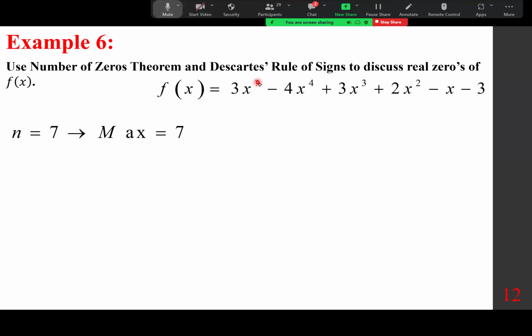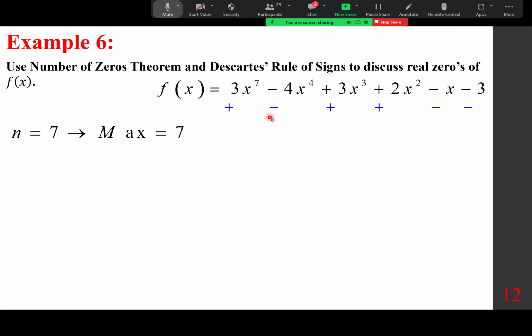Now, let's see what we can notice here. What I want you to notice is that this has a positive sign. This has a negative sign, positive sign, positive sign, negative sign, negative sign. And as you check, we are going from positive to negative, positive to positive to negative to negative. We are going to look at how many changes take place here.